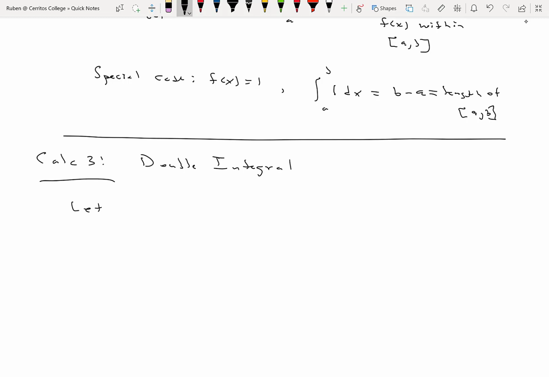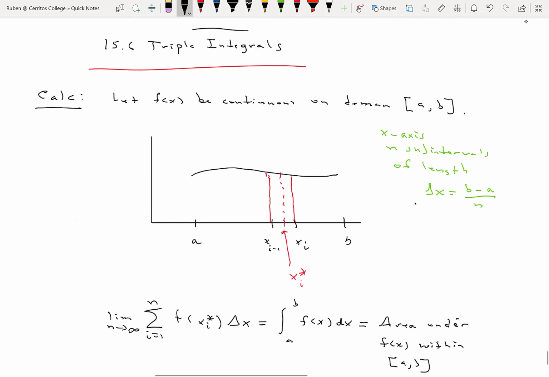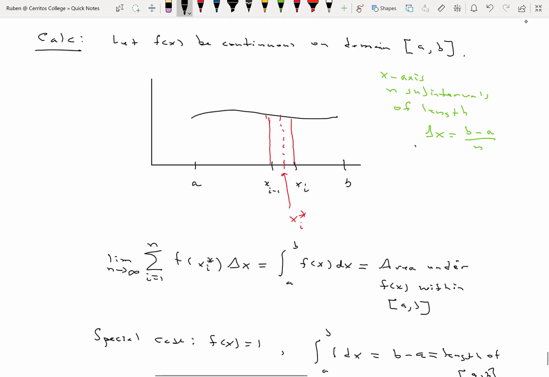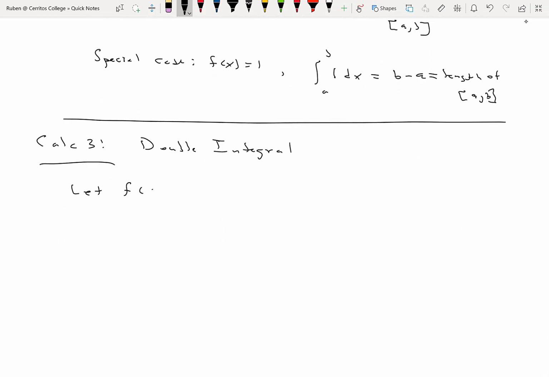So instead of starting with a continuous function f of x on a particular domain ab, we start with f of x y. Let f of x y be a continuous function on domain D, and D is the rectangle ab cross cd.